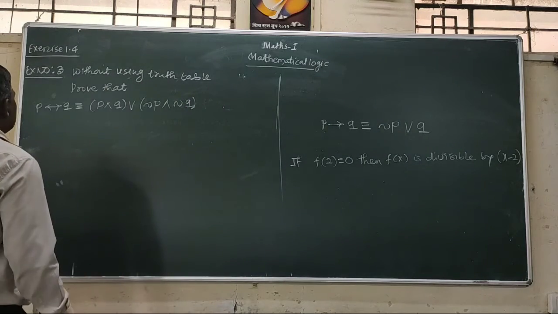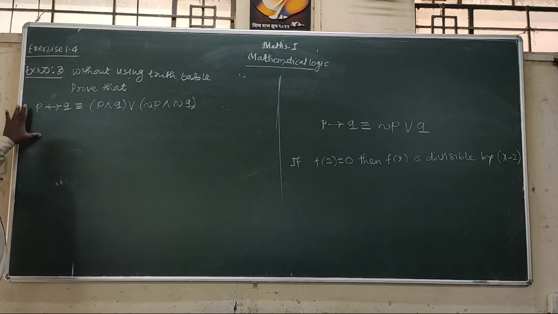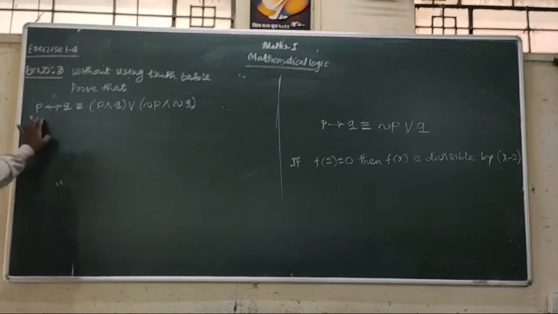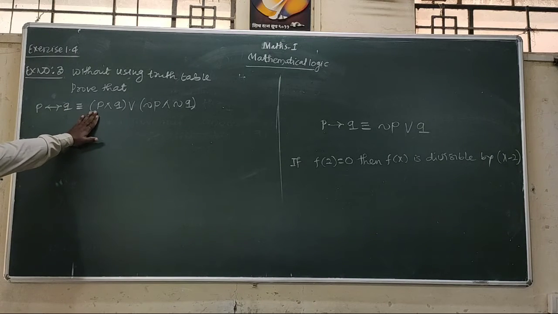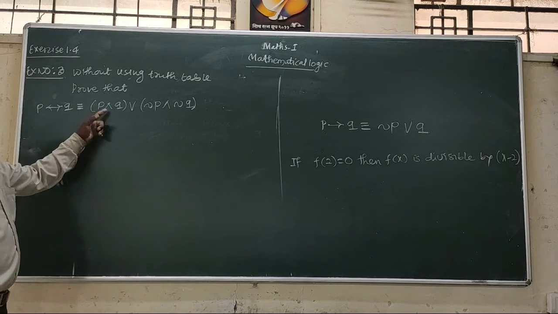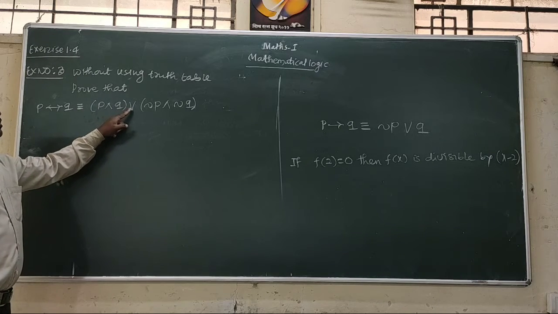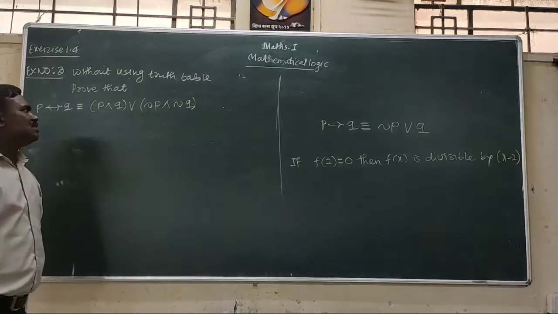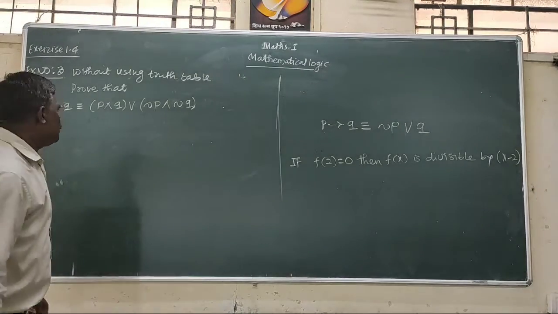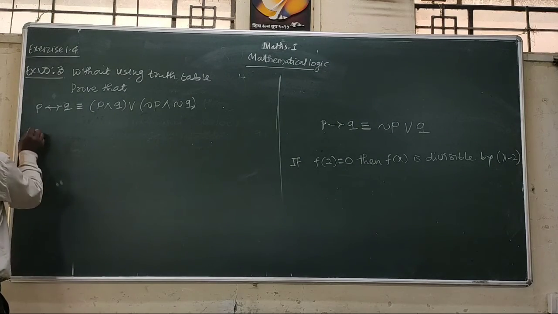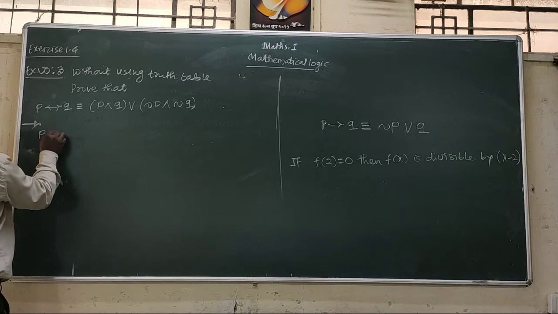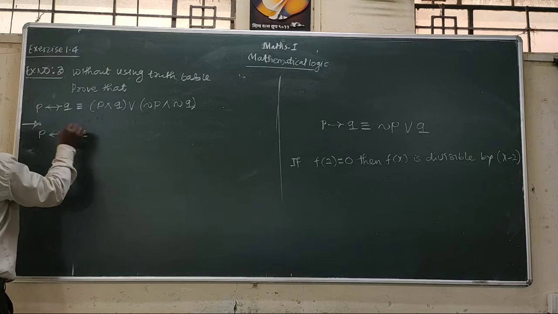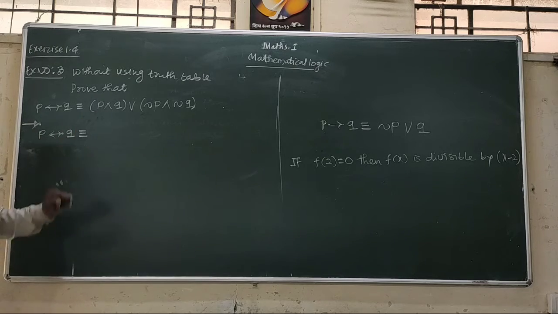Therefore, here the LHS, that is P if and only if Q, is equivalent to, to prove, the RHS, in bracket P conjunction Q, bracket complete, disjunction in bracket negation of P conjunction negation of Q. Okay. Therefore, the solution is P if and only if Q equivalent to, what to prove, the RHS.